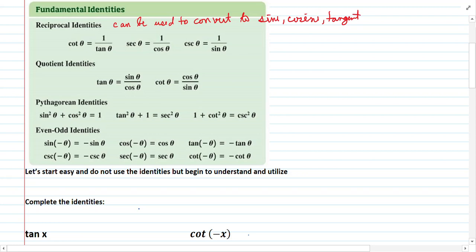The quotient identities, these are new. I haven't mentioned these at all. And what we have is this concept.